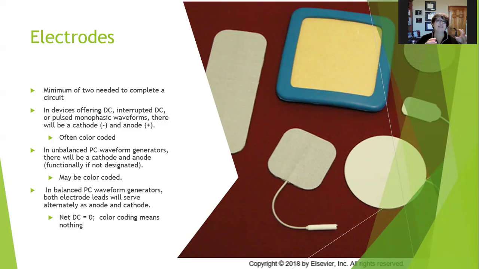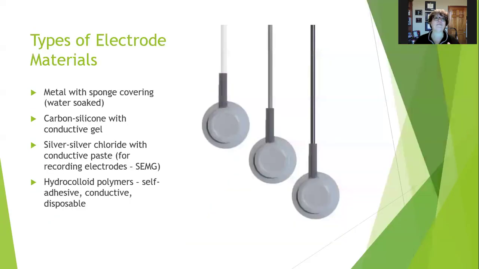So when you have a balanced waveform generator, which is what we use, both electrode leads can be either because there's no net charge. It keeps switching back and forth between positive and negative, and so the color coding means nothing. So unless you're doing direct current, which the only direct current application we're going to do is iontophoresis, the color coding of the wires doesn't mean anything. So just bear that in mind.